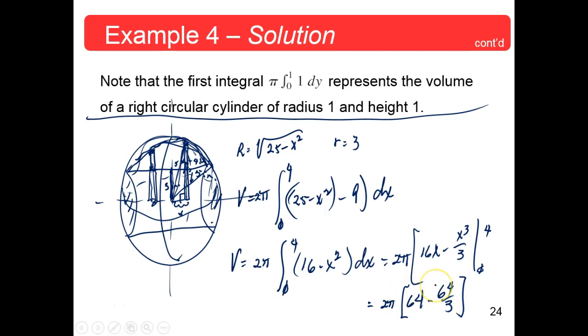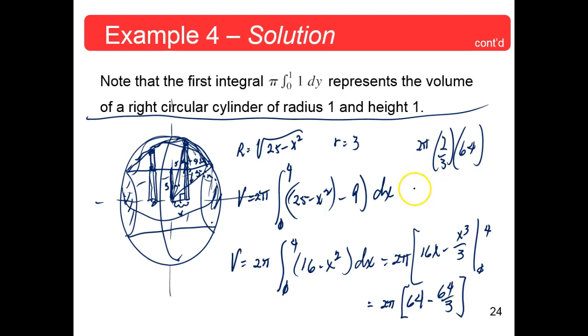So basically 64 minus 64 thirds is 2 times 64 thirds, 2 thirds of 64. So it'd be 2 pi times 2/3 times 64. That's the lazy way of doing it, okay?